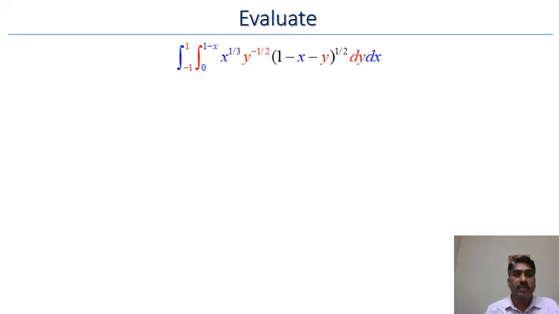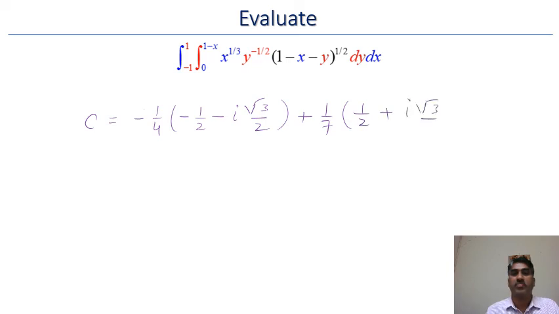The C can be written as minus 1 by 4, and we have evaluated the value, so it is minus 1 by 2 minus I root 3 by 2, and plus 1 by 7, we have again evaluated the value of minus 1 to the power 7 by 3 also, so this is 1 by 2 plus I root 3 by 2.